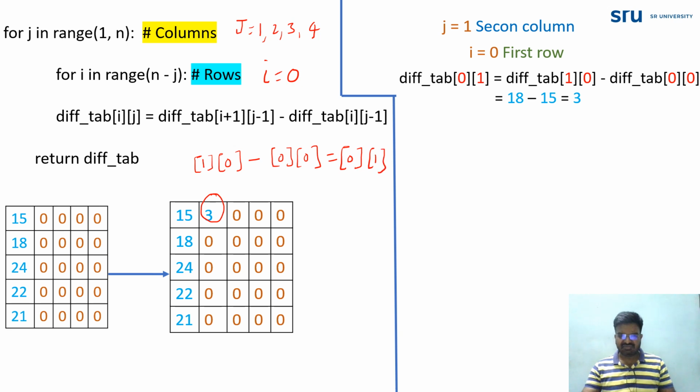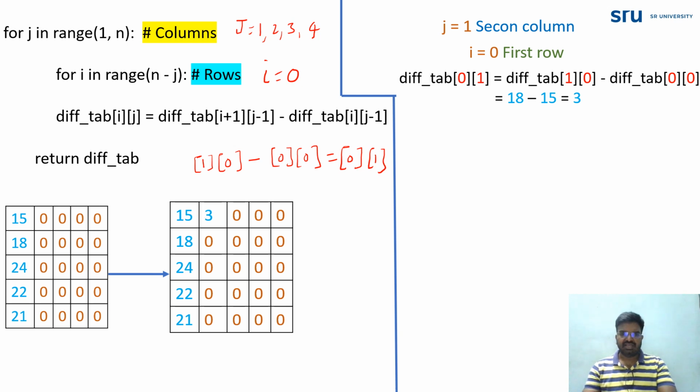The 0 indicates the first row and 1 indicates the second column. This is applicable for all the differences. So we are writing one general formula in the third row to find all such differences.